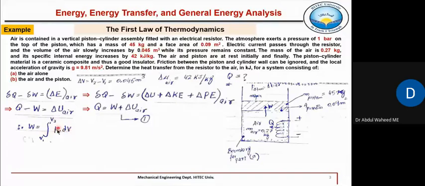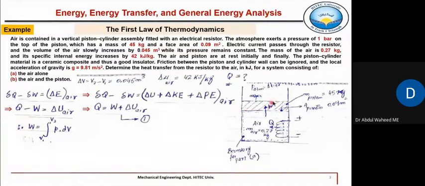Here, the pressure against which the air is doing work is constant. It is not changing, right? So the pressure of air, and also there is a pressure due to the weight of the piston. The pressure on the air is not only due to the atmospheric air, but also due to the weight of that piston, right?